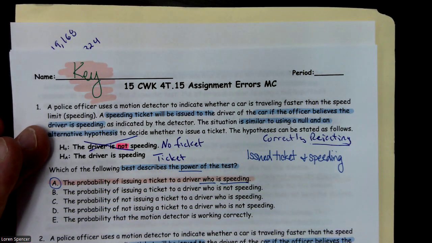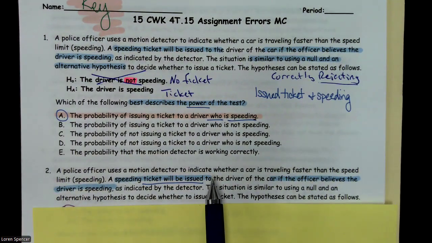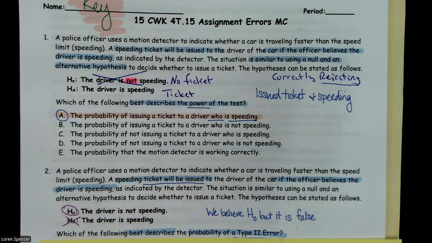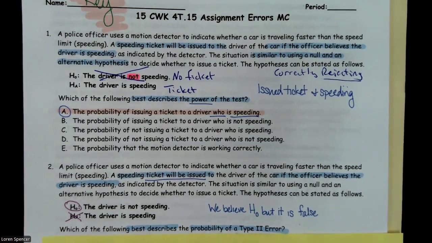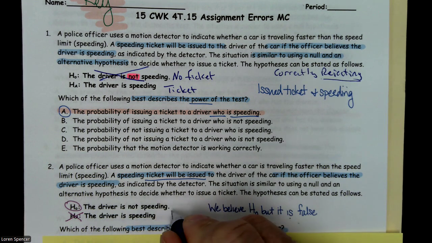The next question, the police officer uses the motion detector, same thing. But this time the question is, which of the following best describes a type 2 error? Well, in a type 2 error, we believe H0, but it's false. So this is going to be no ticket, and this one is ticket.